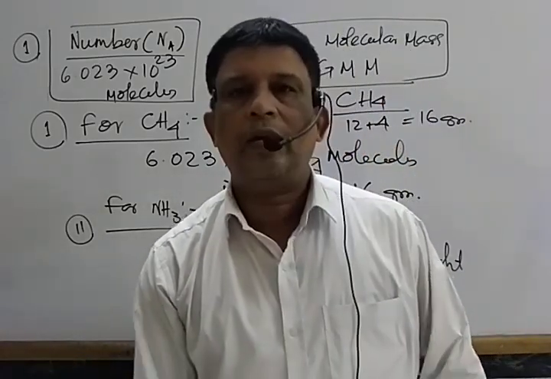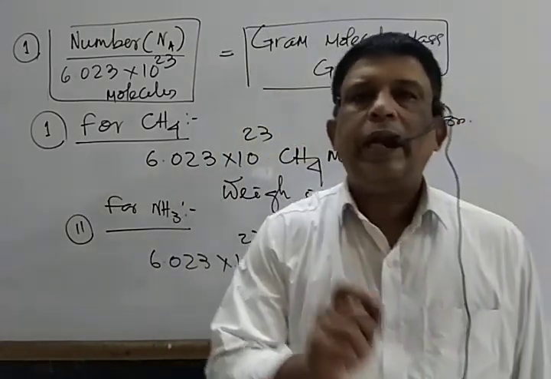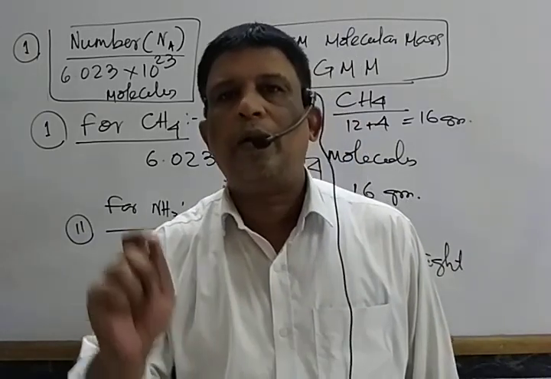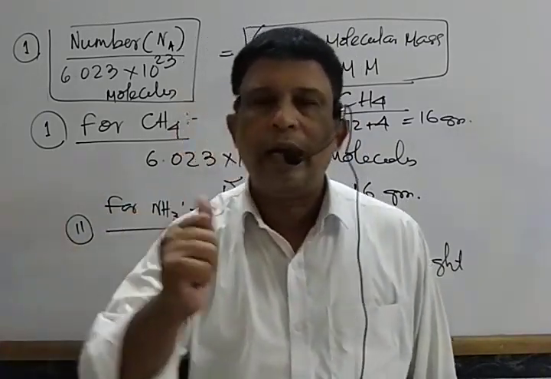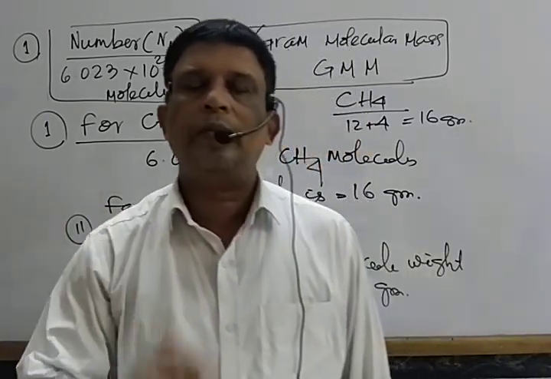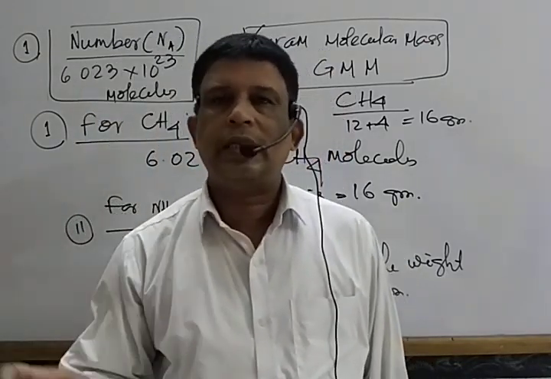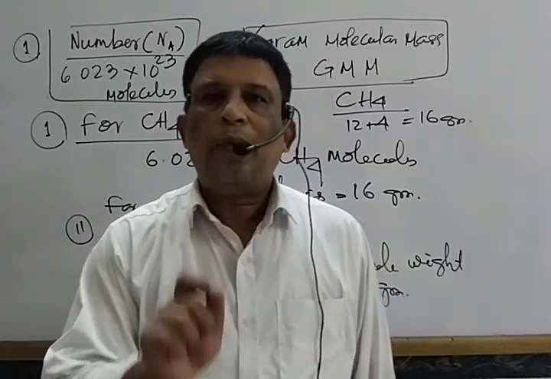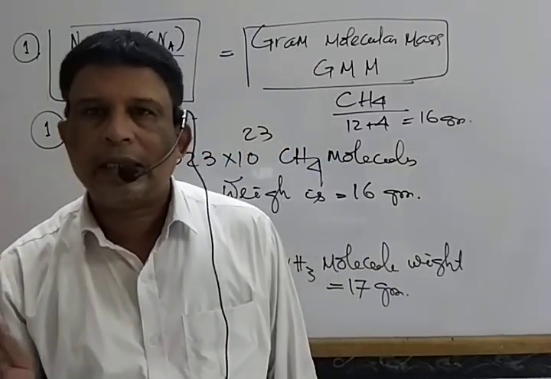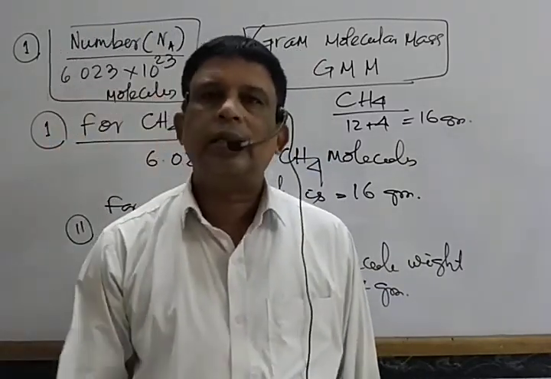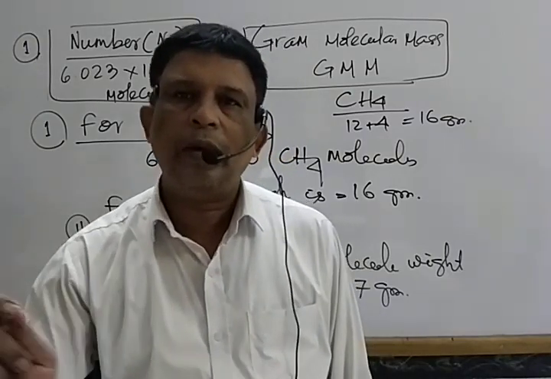If we take carbon dioxide, then the weight of Avogadro number of carbon dioxide molecules is 34 gram. HCl, hydrogen chloride, hydrochloric acid, the weight of Avogadro number of HCl molecules is 36.5 gram.